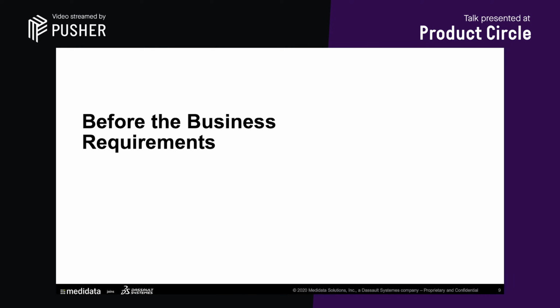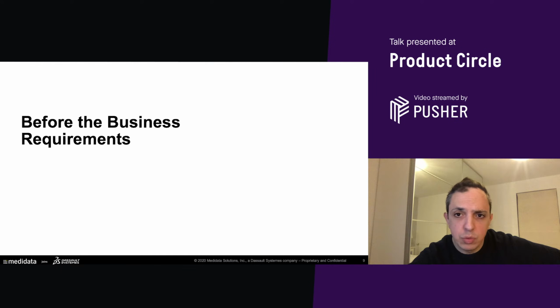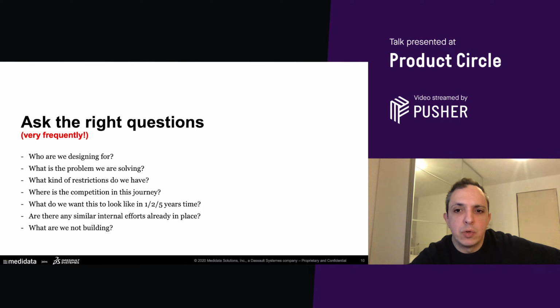Before we get to the business requirements, how we got there, I'll try to make this as generic as possible to be more relevant to the people in the audience. But this is what essentially we have done in order to get to our first set of business requirements.